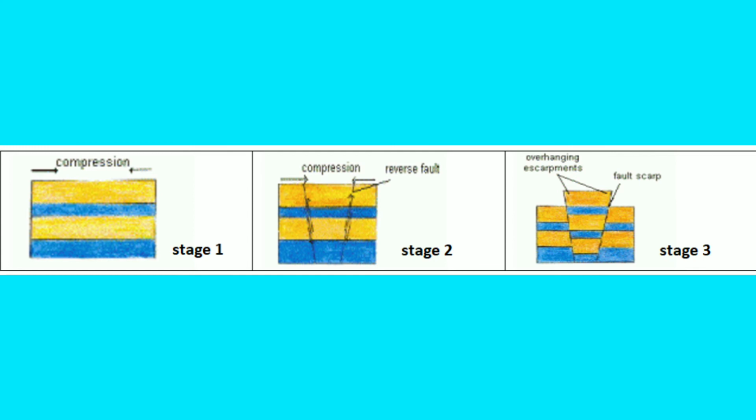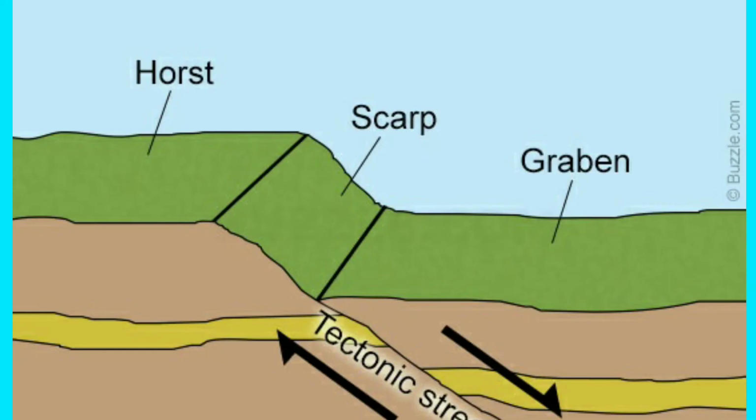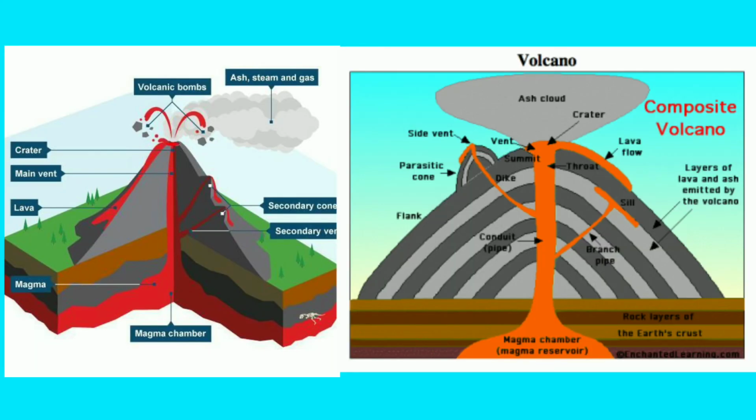Some blocks have gone up, some have gone down. This is how the block mountains have formed. The uplifted blocks are called horst and the lower portion is called graben, and this is where the rivers flow. It becomes a rift valley. Graben are also called rift valleys.